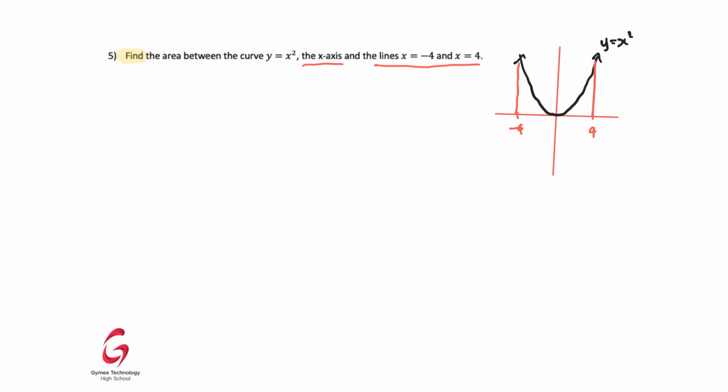This one just says find the area in between the curve and those lines. So we are finding this area in here. Now it's the exact same process, okay? It's just not bounded, all right? So it's an area underneath that curve where we stop at the x-axis.